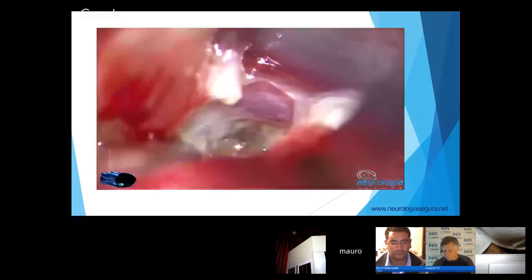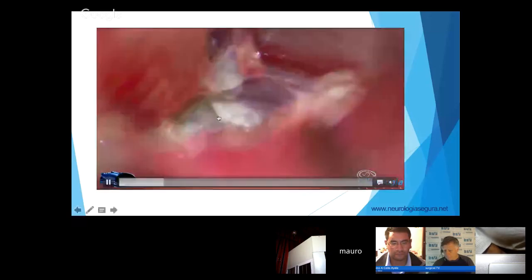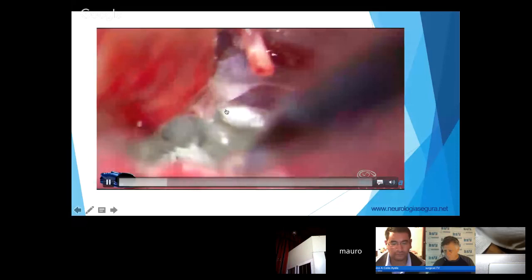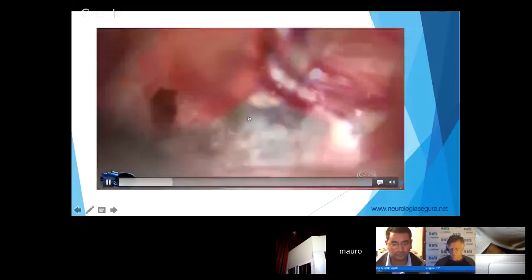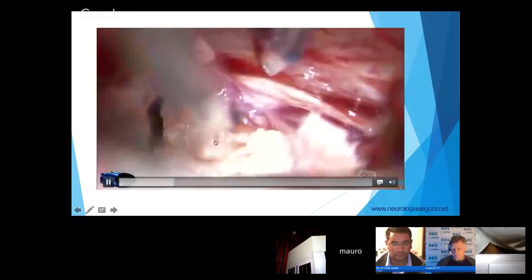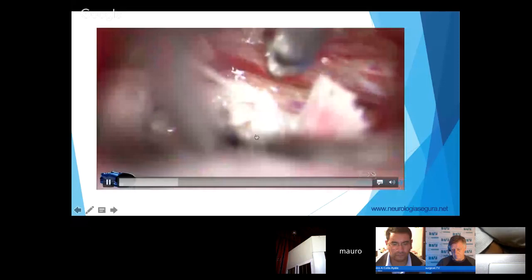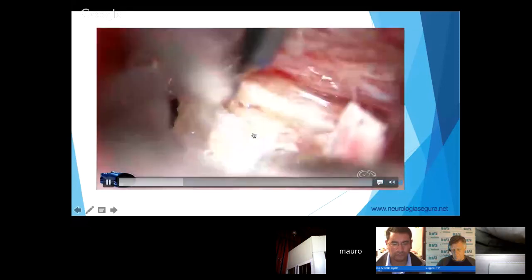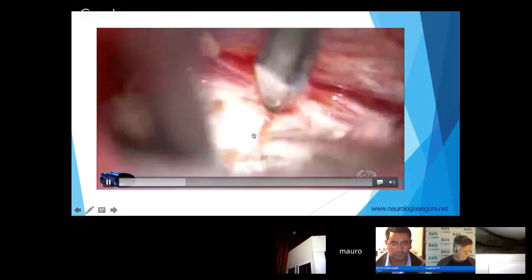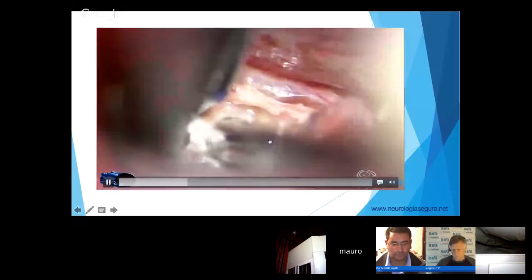This is not a pseudomembrane. We analyzed it histopathologically, and this is the arachnoid with some kind of inflammation, just arachnoiditis. And the tumor is inside of the arachnoid, and it's very easy to aspirate and manipulate with bipolar, CUSA in some cases, or simply aspiration with a Frazier.